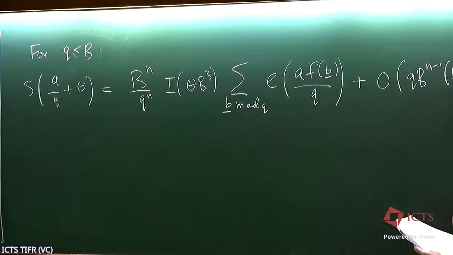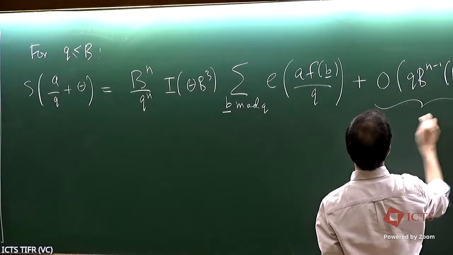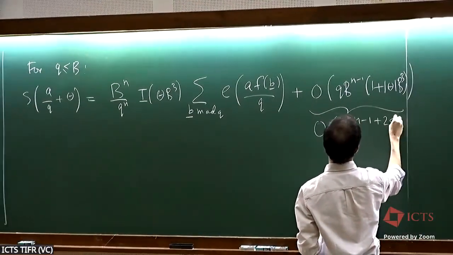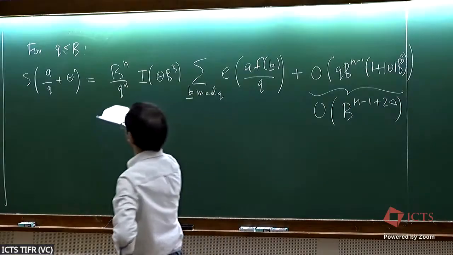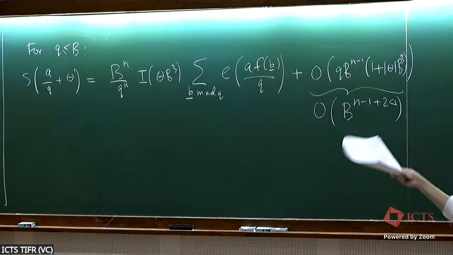And then we had made sure that both q and 1 plus theta b cube is less than delta for the major arcs. And so this particular is going to be big O of b to the n minus 1 plus 2 delta. Okay. Since we choose delta to be less than 1, this particular expression is applicable at this point, and we can do the major arc analysis.